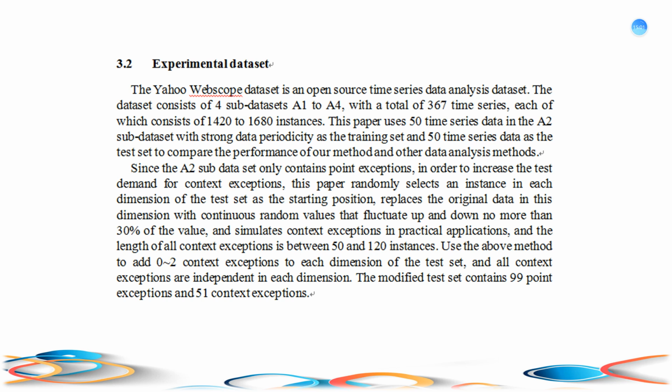Use the above method to add 0 to 2 context exceptions to each dimension of the test set, and all context exceptions are independent in each dimension. The modified test set contains 99 point exceptions and 51 context exceptions.